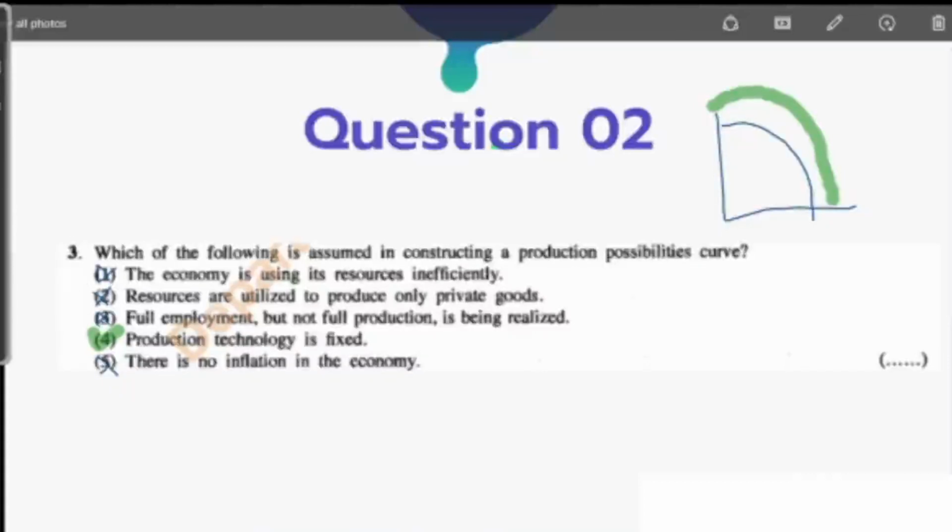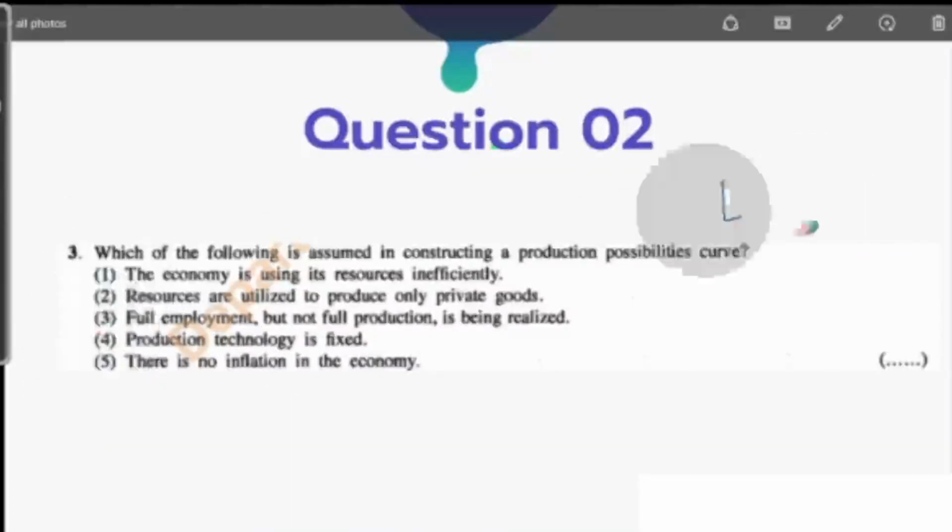So these are few questions I discussed from multiple choice question from 2017 to 2020. So when we were discussing these questions, few things you could have realized. Definitely there will be one question from production possibilities lesson, and these questions among question number 1 to question number 5, they will assess your theory knowledge about production possibilities.